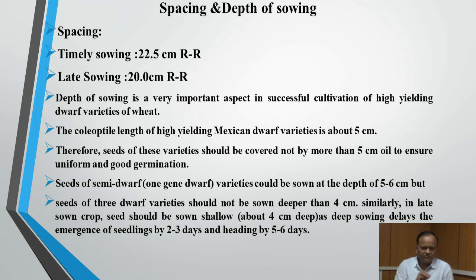So for dwarf varieties, depth should not be more than 5 cm. The most optimum depth is 2 to 3 cm. Whereas in the case of traditional Indian wheat, take for example C306, the depth may be up to 7 cm.